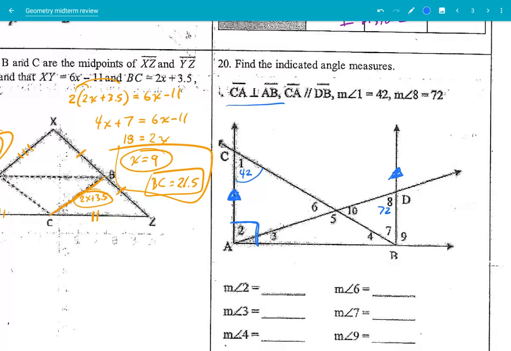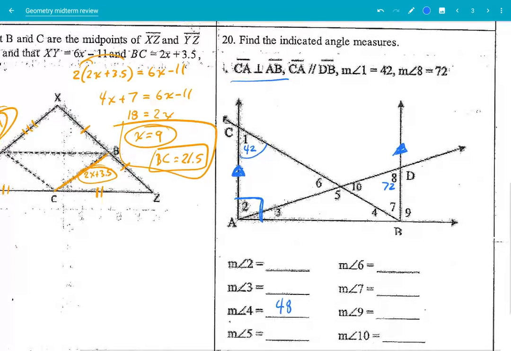That's the measure of angle 4. 48. Let's write these in as we go.